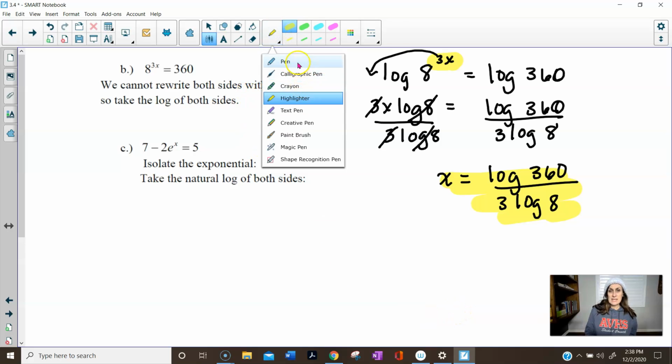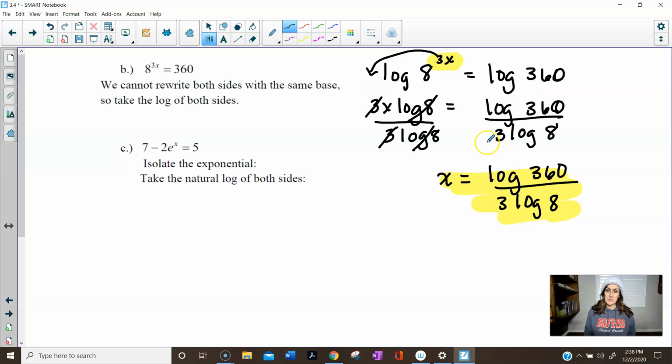Now, I do want to point out there would be one more way to do this problem. If you didn't want to take the log of both sides, you could change the original into logarithmic form to begin with. So to do that, I would do log base 8 of 360, and that's equal to the exponent of 3x. From there, I could just divide both sides by 3.